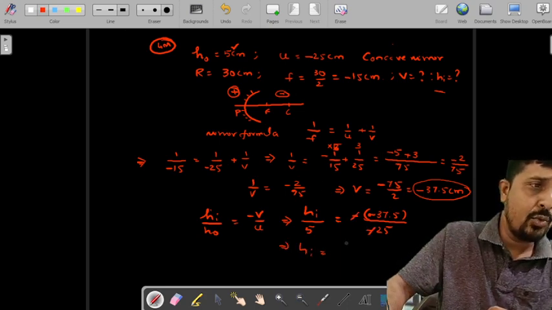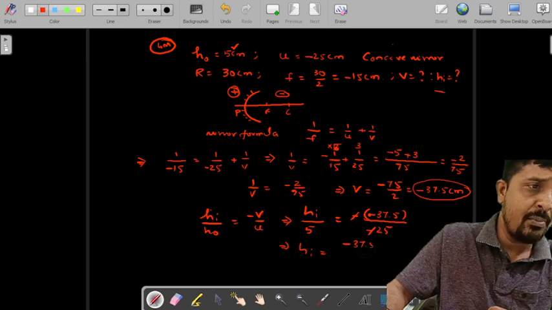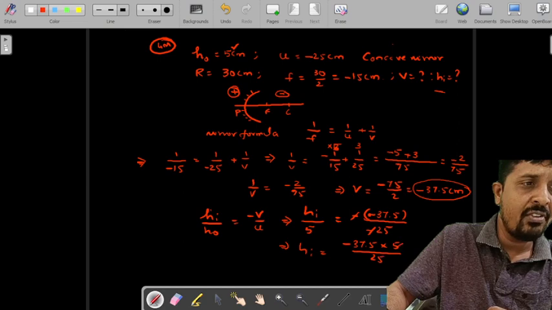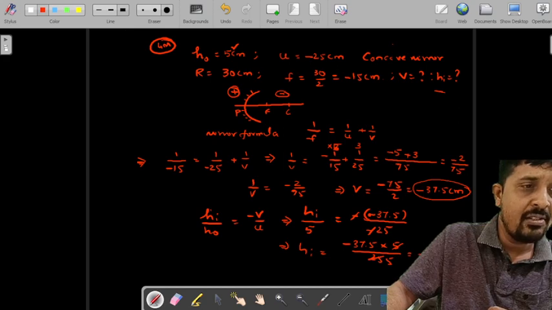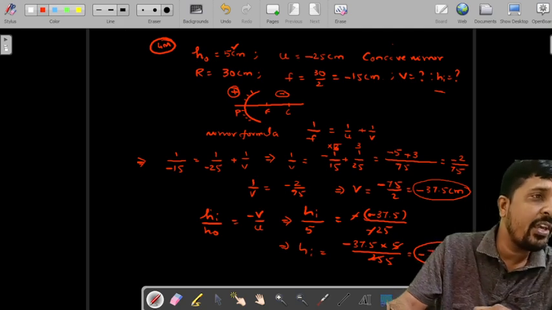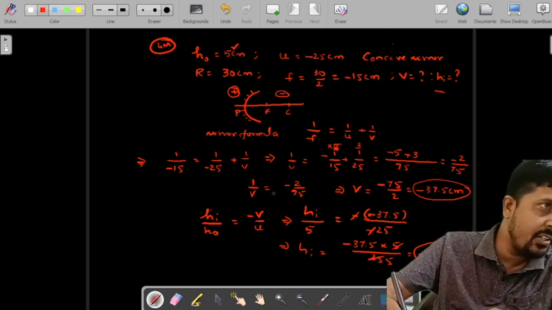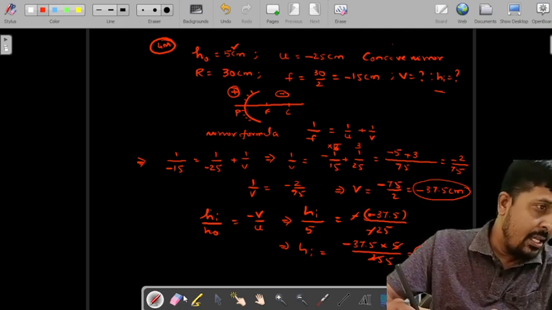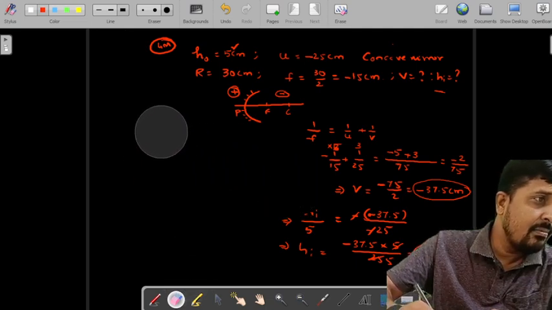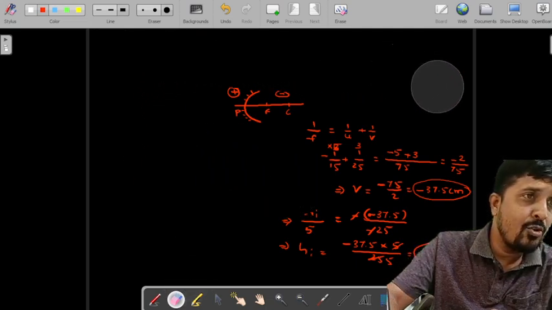Hi equals minus 37.5 times 5 over 25. This is 5 times, it is minus 7.5 centimeters. So an enlarged image is going to be formed. You can take a screenshot out of it. I'll go for the next question. Hope you are understanding the question.